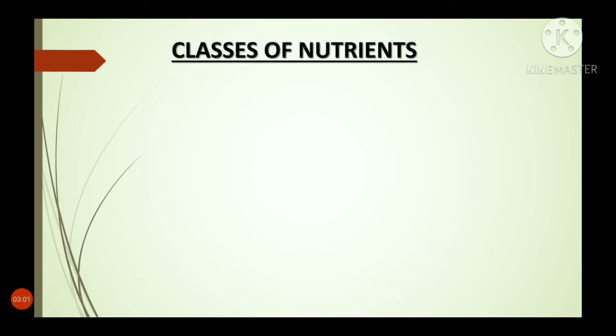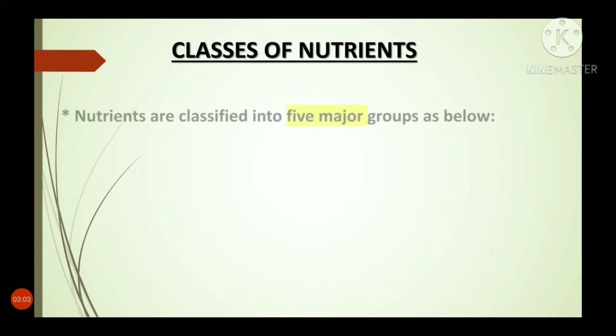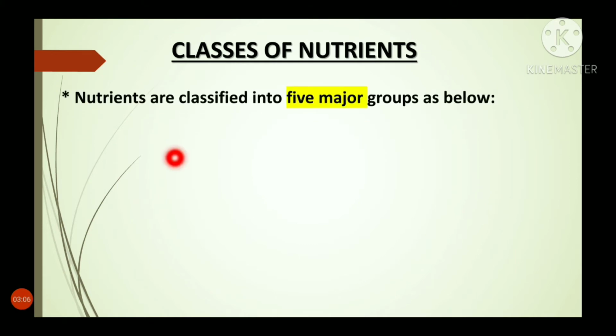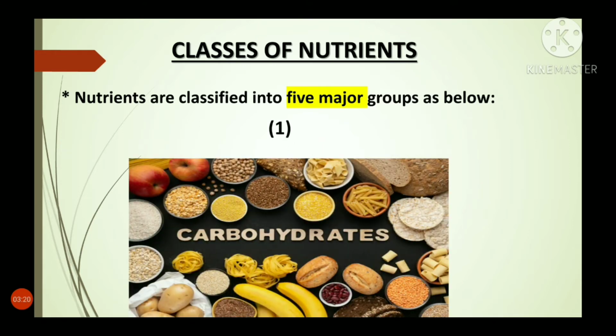Classes of nutrients. Nutrients are classified into 5 major groups as below. In your book it is written 6, but it is actually 5. The first one is carbohydrates.